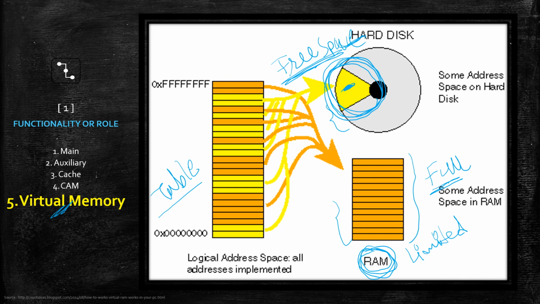If you can see here, the yellow locations contain the addresses of the data which are in the virtual memory, and the orange color denotes the addresses of the content which are in the RAM.